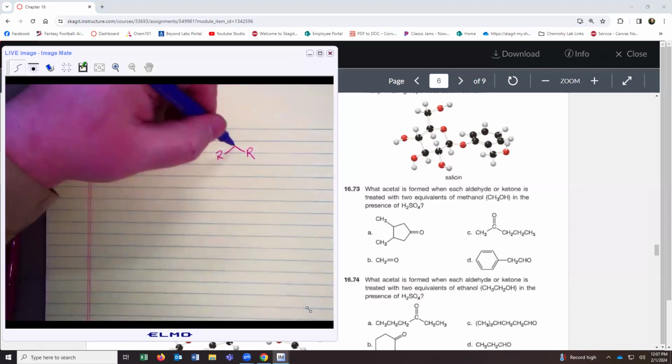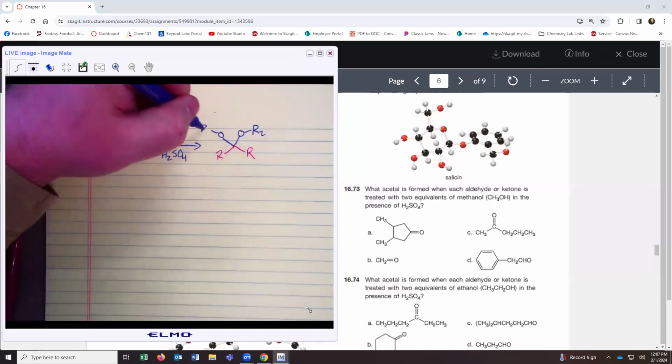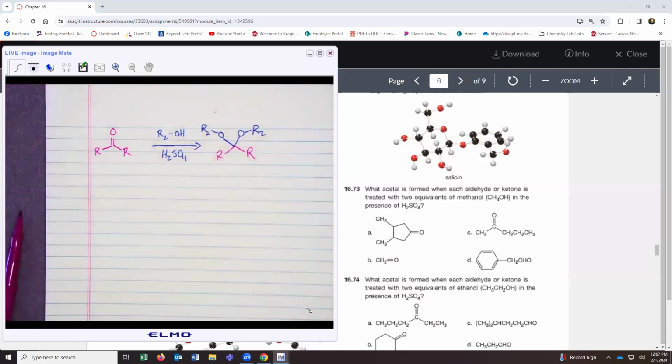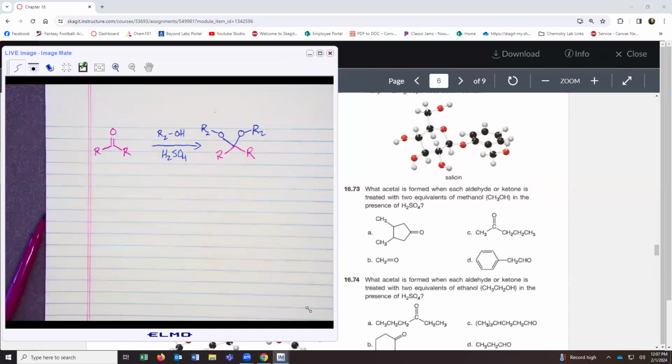And that would look like, in a general case at least, this. So two of those alcohols end up attached at that carbon where the carbonyl group was. All right. Okay.